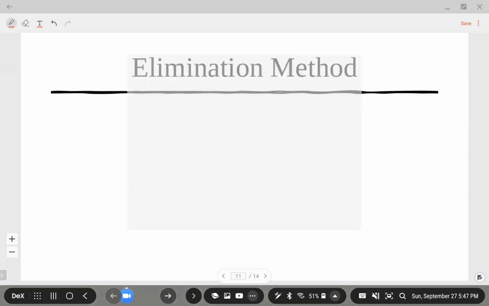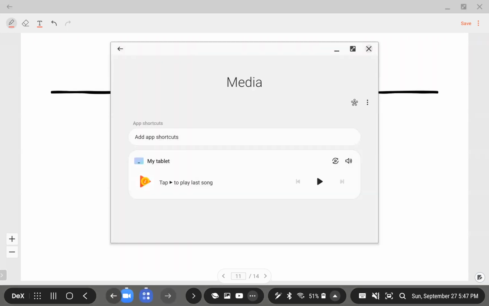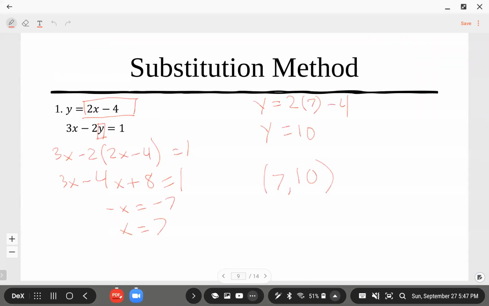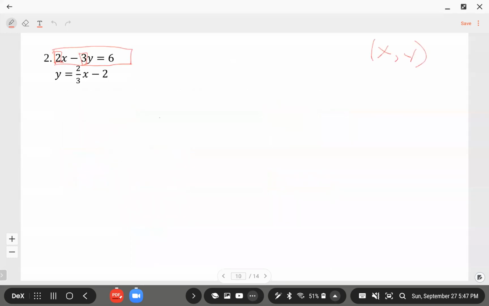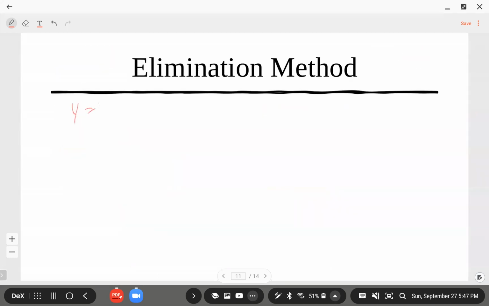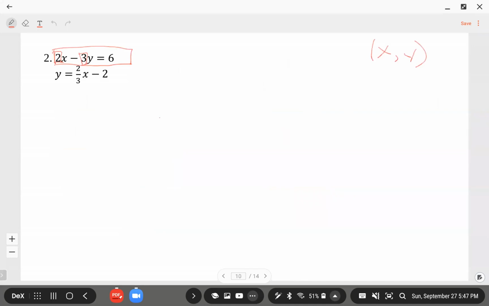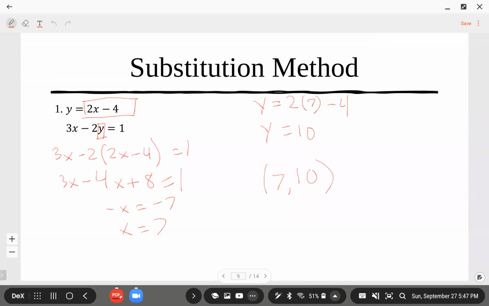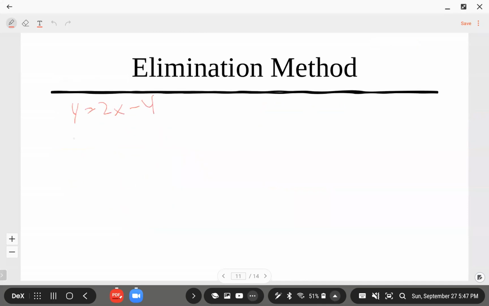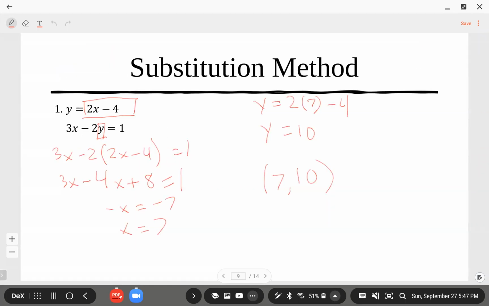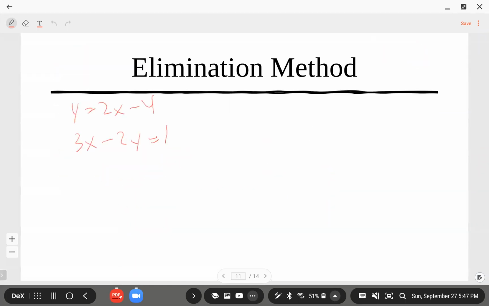So let's take this first problem, okay? y equals 2x minus 4, and then 3x minus 2y equals 1.